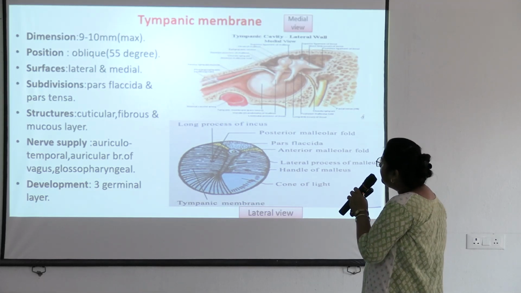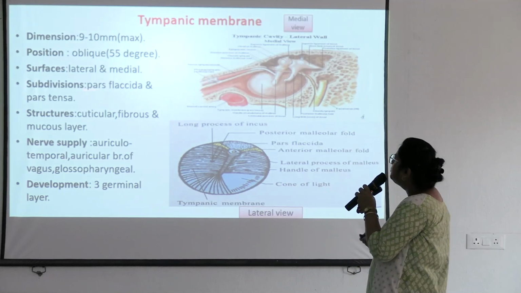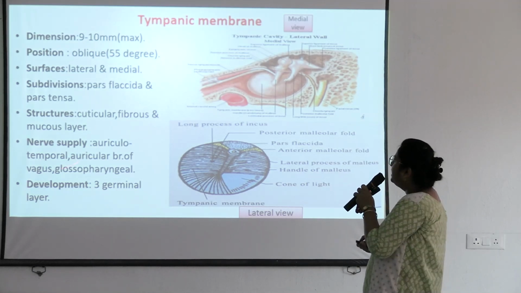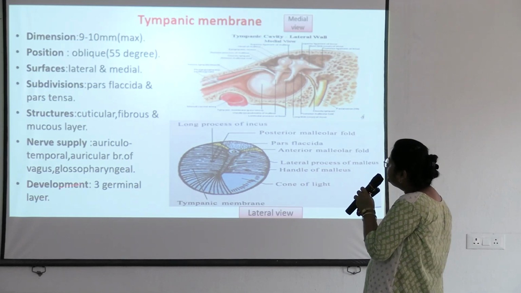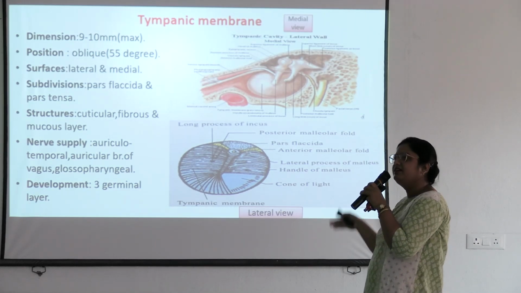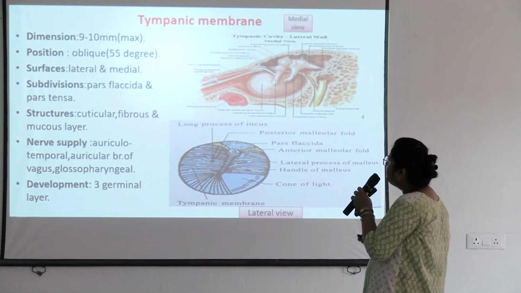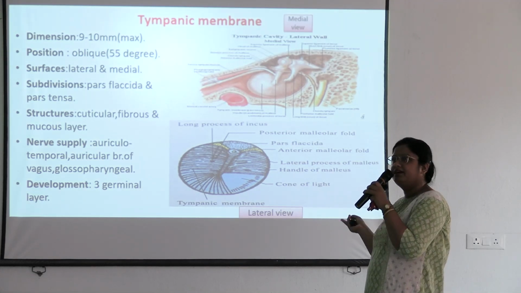And it is formed by three layers from outside inward. The layers are cuticular layer, fibrous layer and mucous layer. And these three layers are developing from three germ layers, outside ectoderm, then mesoderm, then endoderm. Okay, mucous membrane from endoderm, fibrous layer from mesoderm, cuticular layer from ectoderm.